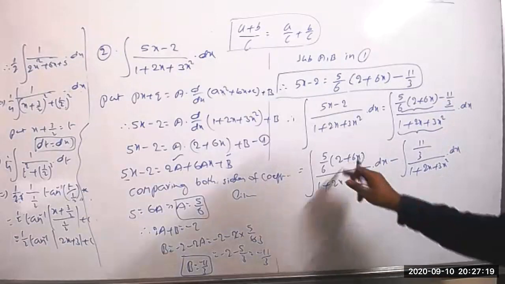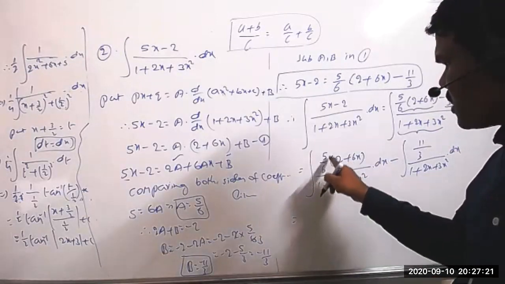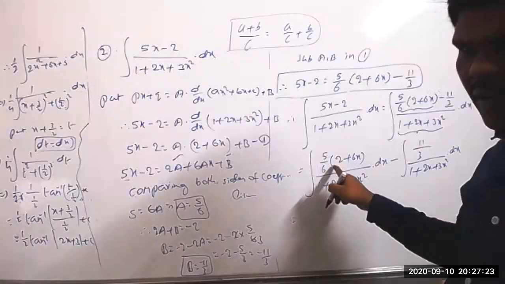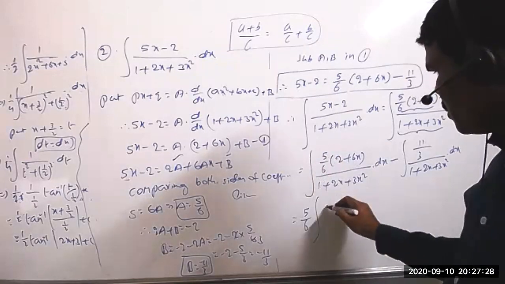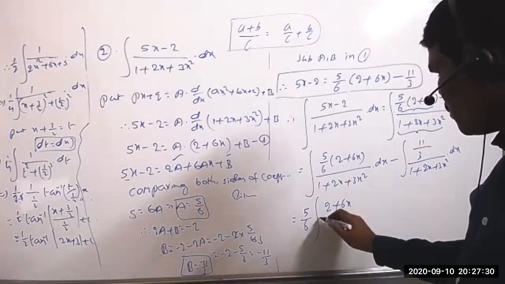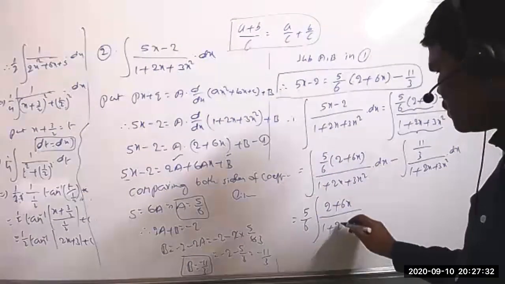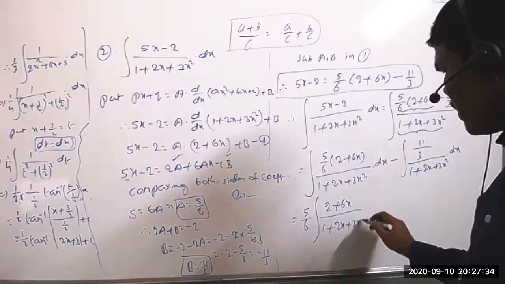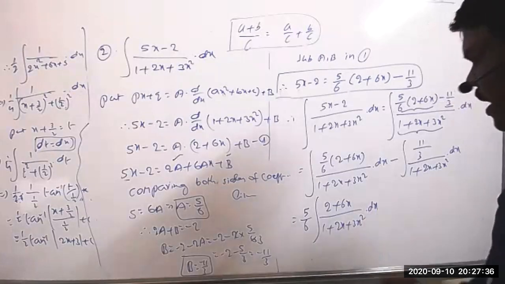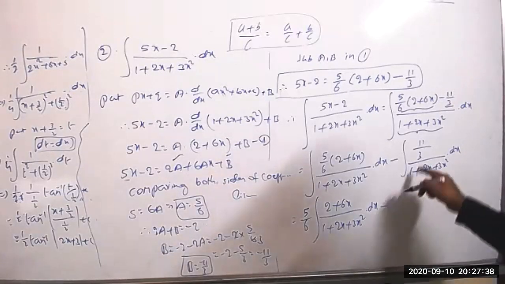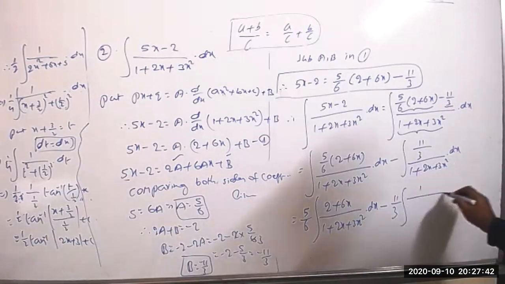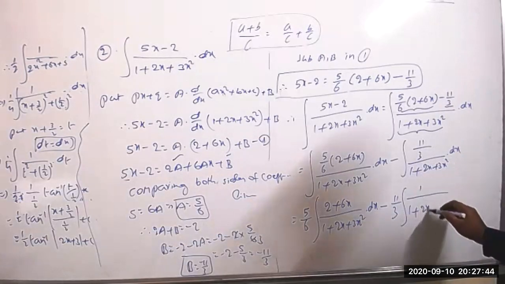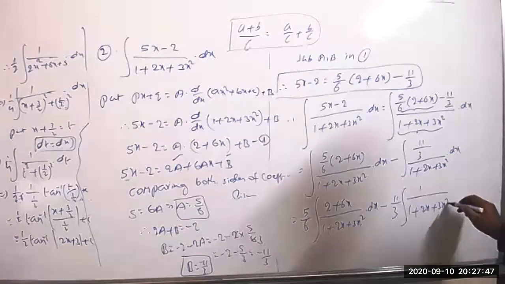Now, from the first term, what is the constant value here? 5 by 6 is the constant, so you can take it outside: integration of (2 plus 6x) whole by (1 plus 2x plus 3x square) into dx. Clear? Minus. Here also, what is the constant value? 11 by 3 is the constant. Take it outside. So 1 by (1 plus 2x plus 3x square) into dx.